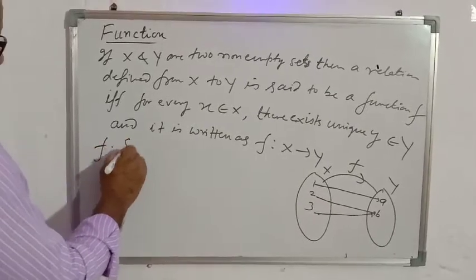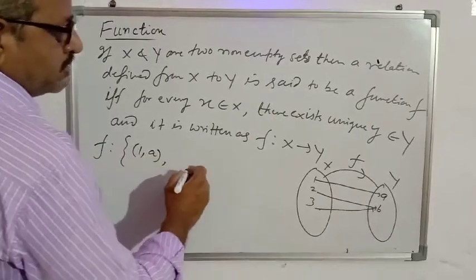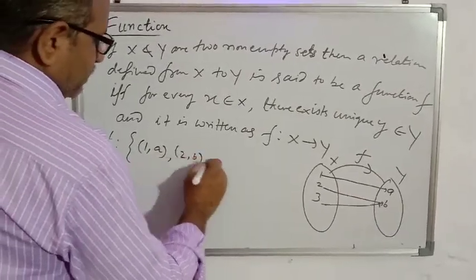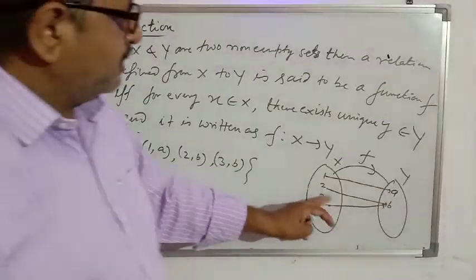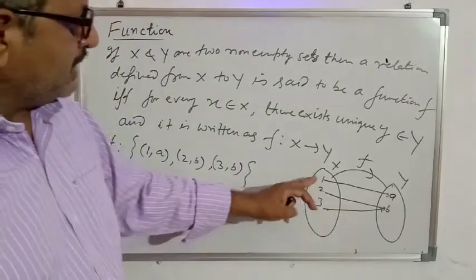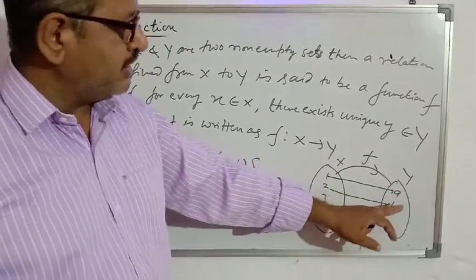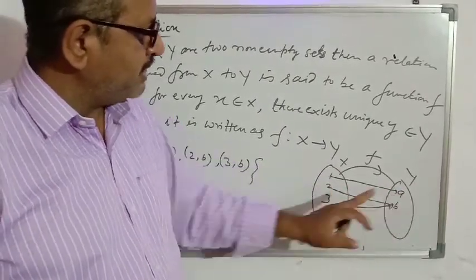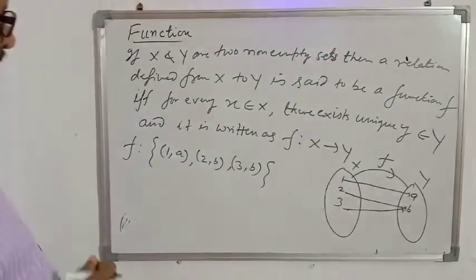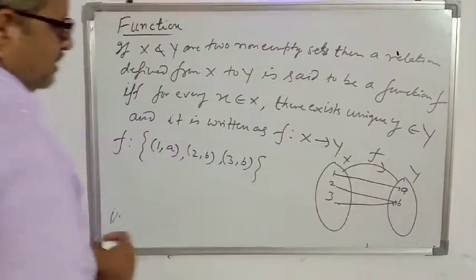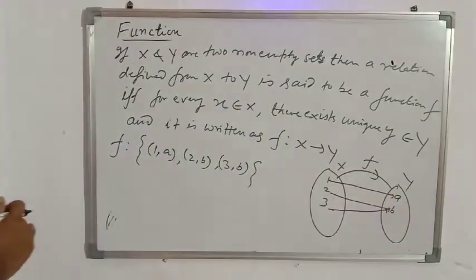We can write this in the form of ordered pairs 1A, 2B, 3B. We see that each element is related to an element in the set Y and has a unique image. 1 has only one image A, 2 has only one image B, 3 has only one image B. So this relation is called a function. No element is left here. Every element is associated to some element in Y.